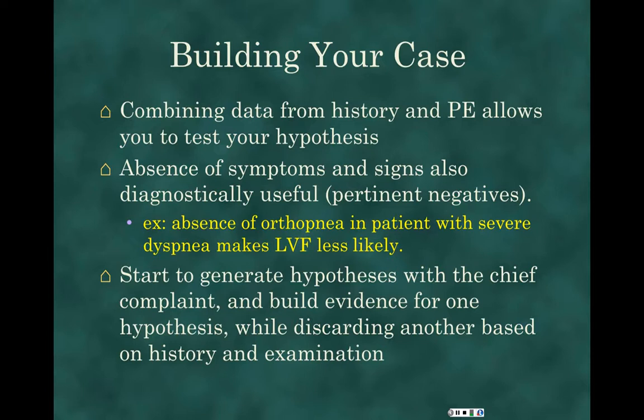Example, the absence of orthopnea in patients with severe dyspnea makes left ventricular failure less likely. You start to generate your hypotheses with the chief complaint and build the evidence for one hypothesis while discarding another based on your history, review of systems, and your physical exam.